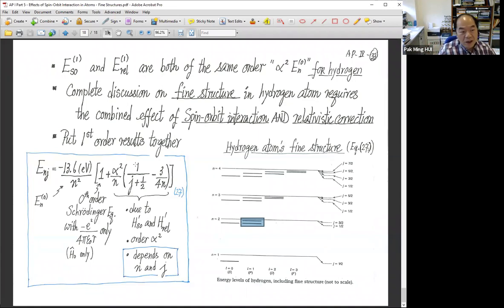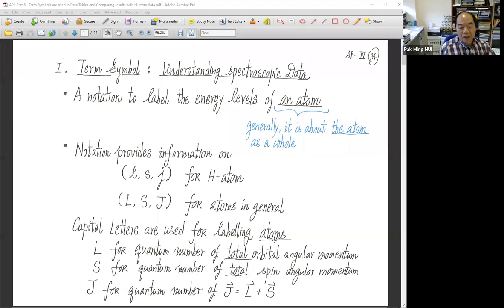Before we can compare with data, we need to learn how to communicate with experimentalists. So here comes a short section just to tell you how states are labeled, especially by those who do spectroscopy, 光谱学.